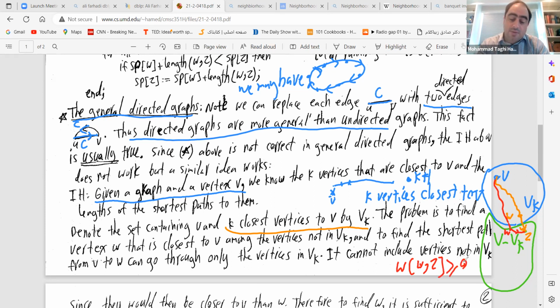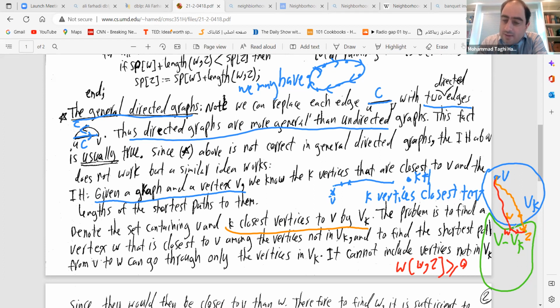That's the non-negativity assumption that we have for Dijkstra. We didn't need this assumption for the all pair shortest path Floyd-Warshall algorithm. That worked even with negative weights. But here, this WZ is greater than or equal to 0.